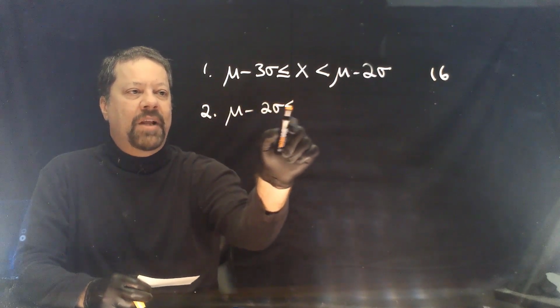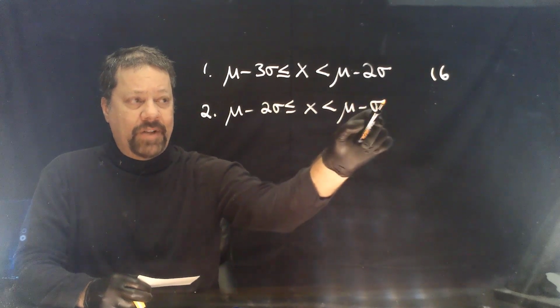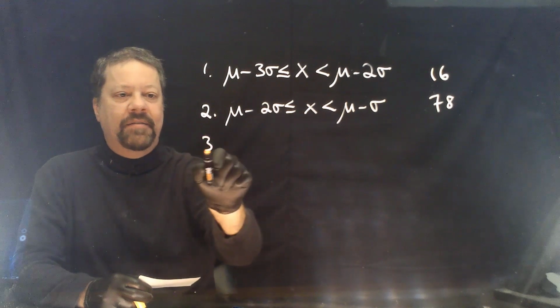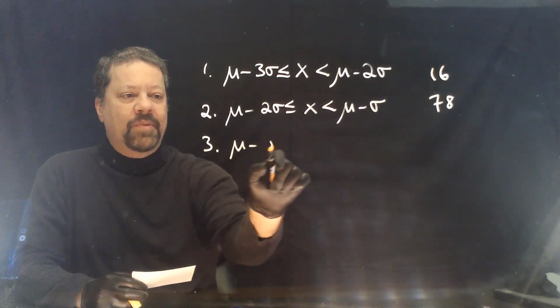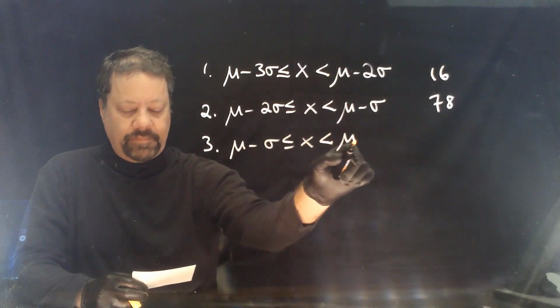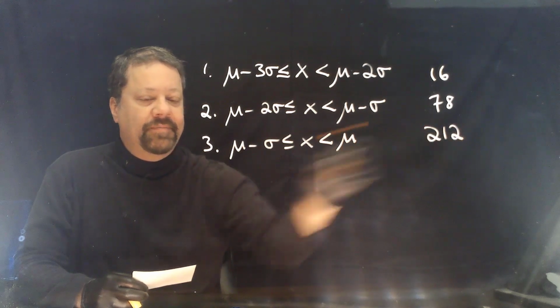Mean minus 2 standard deviations to the mean minus 1 standard deviation, there were 78 days. Mean minus 1 standard deviation to the mean, that was 212 days.